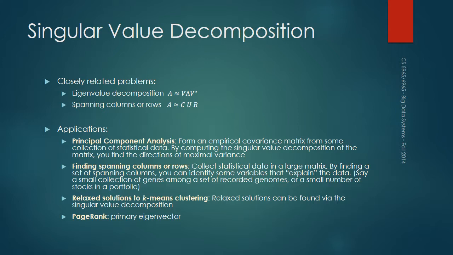You can also use the singular value decomposition to have some sort of a relaxed solution for k-means clustering. Assuming that your data is now given in the matrix form, you can actually perform clustering by generating the SVD corresponding to this. We've also looked at PageRank, where we talked about the primary eigenvector, the first eigenvector being the PageRank given our transition matrix.